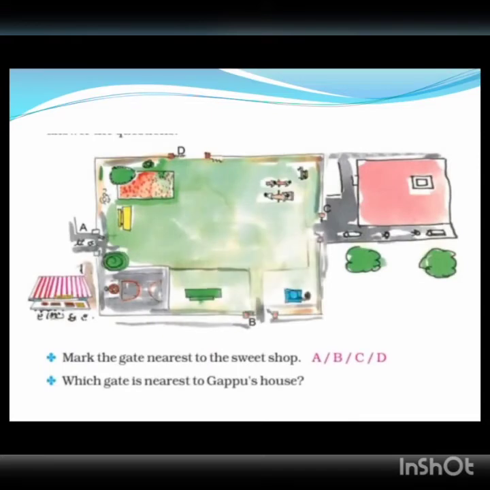So students, first question is, mark the gate nearest to the sweet shop. Look at your picture. Here is gate A. Here is gate B, gate C and gate D. And here is the sweet shop.